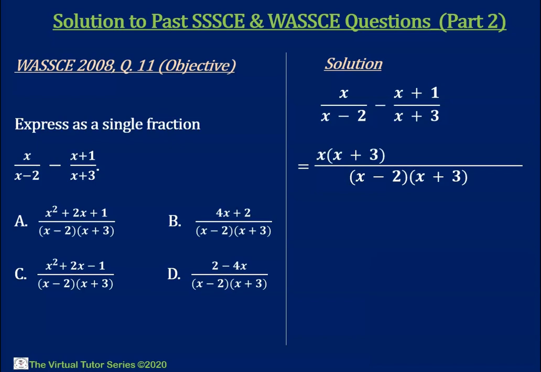Again, x plus 3 into the LCM is x minus 2, so we have minus into bracket x plus 1 times x minus 2.